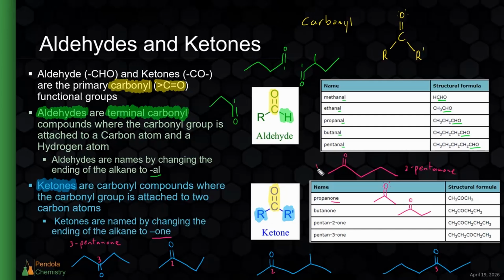This and this are not the same molecule. So we do need to number, because this carbonyl is on carbon 3 and this carbonyl is on carbon 2 of a 5-carbon chain. So pentan-2-one or 2-pentanone and pentan-3-one or 3-pentanone. Unlike the aldehyde, which has to be terminal, the ketones can have different locations.